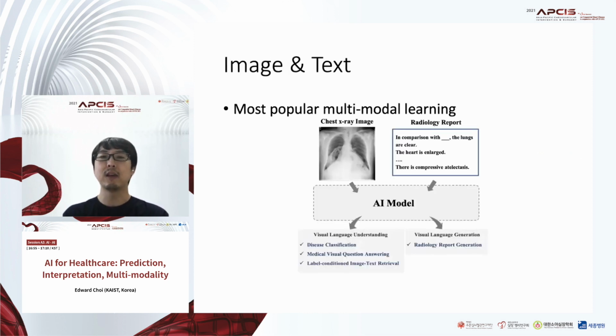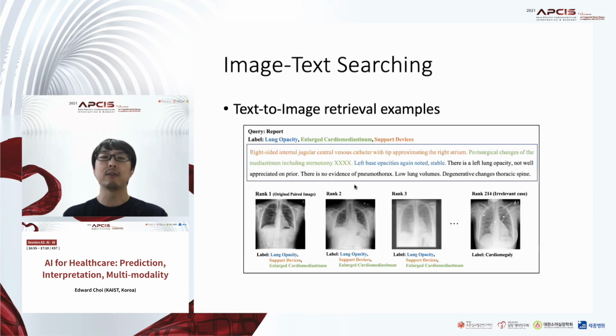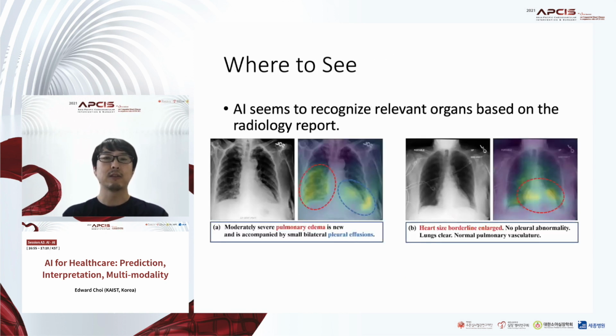So based on that, we did some experiments trying to mix the two, the X-ray images, which are the pixel information, and the X-ray radiology report, which is the textual information, and try to mix the two together into the same model. And we could notice that the model was actually recognizing certain medical terms in the pixel region.